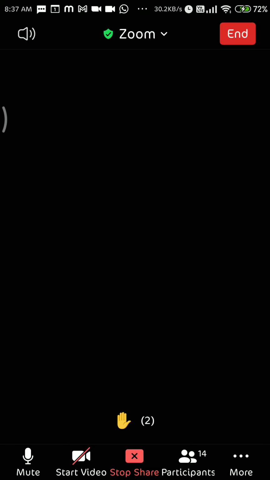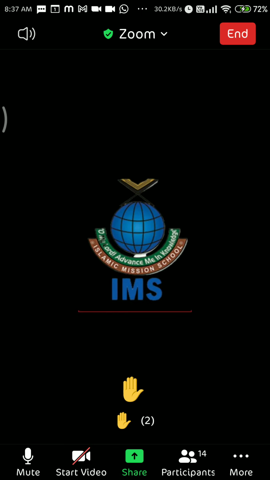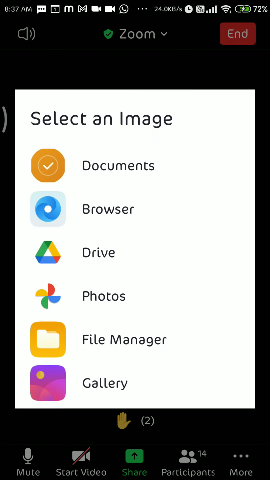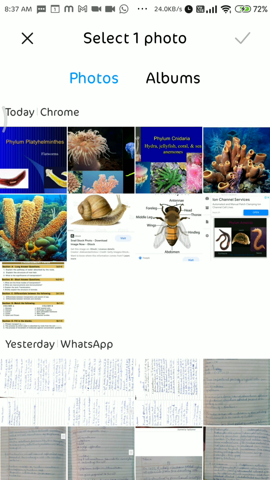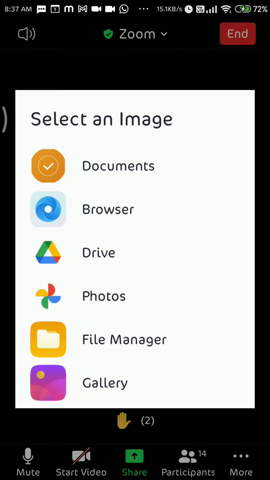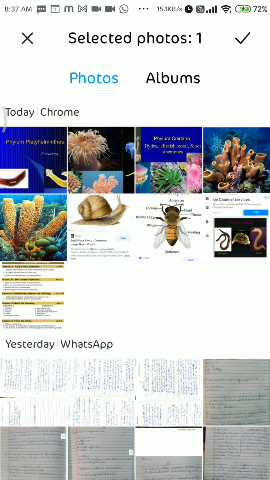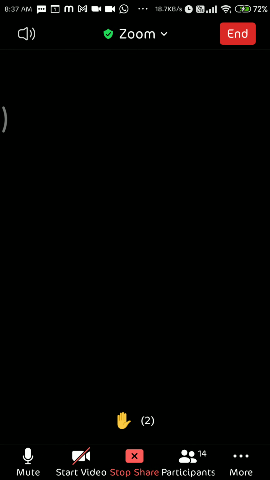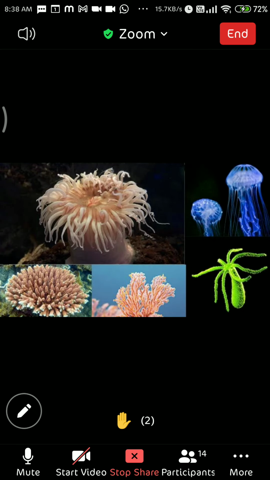Another picture is here. These are some examples of Nidaria or Coelenterata.